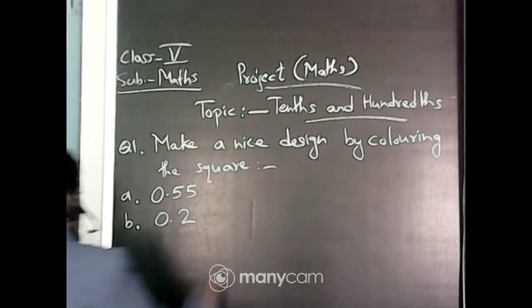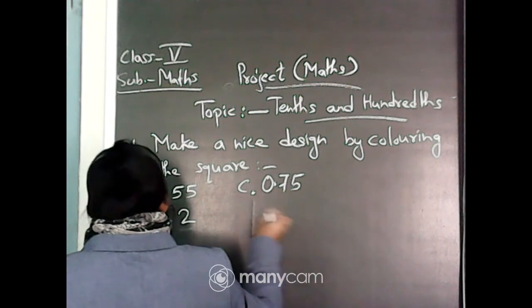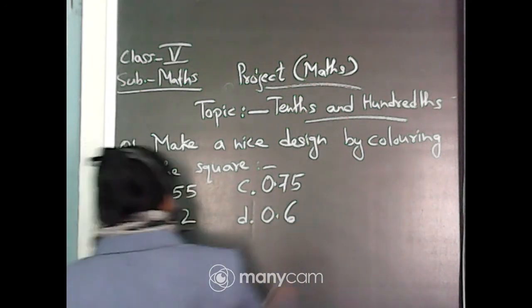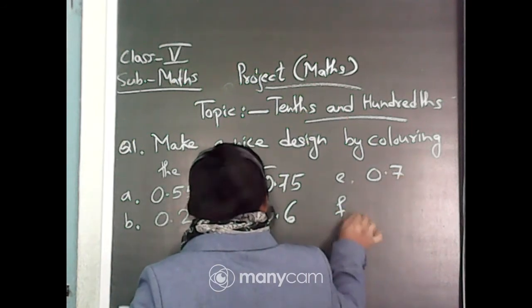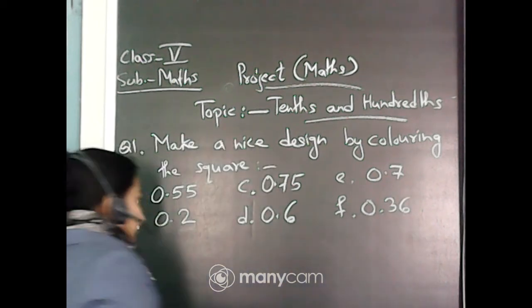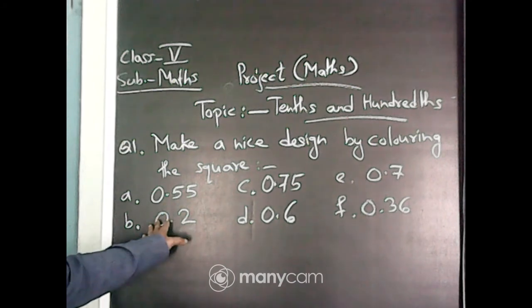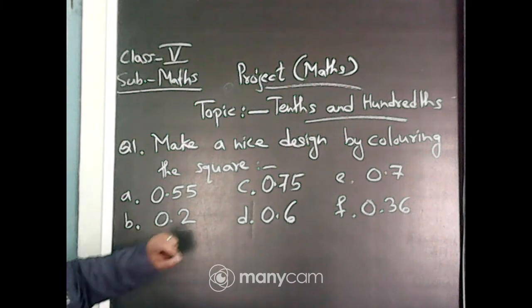Okay. Then number C, 0.75. Number D, 0.6, 0.7 and 0.36. Okay, so in all these 6 options you will take either 100 squares, the one that has 2 digits after the point, or 10 squares, the one which has only 1 digit after the point.